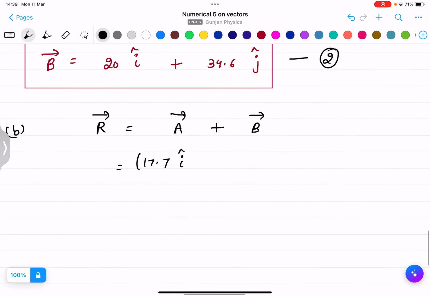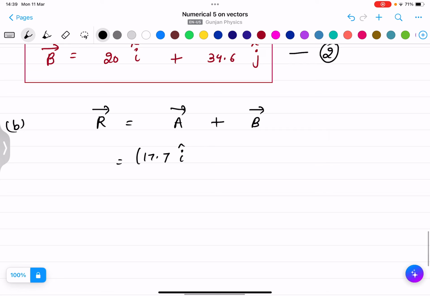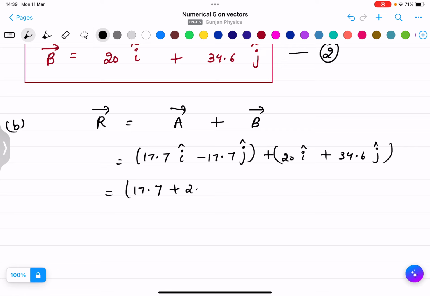Okay, 17.7i minus 17.7j plus what is the B vector, 20i plus 34.6j, right? Now we are simply adding by putting the i together and j together. 17.7 plus 20i plus 34.6 minus 17.7j.